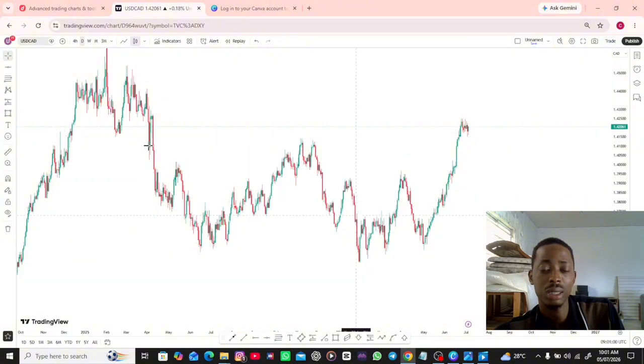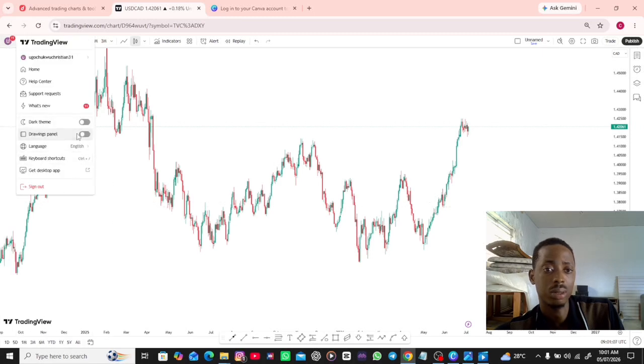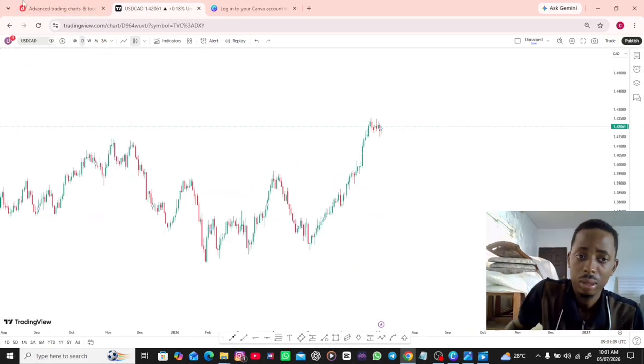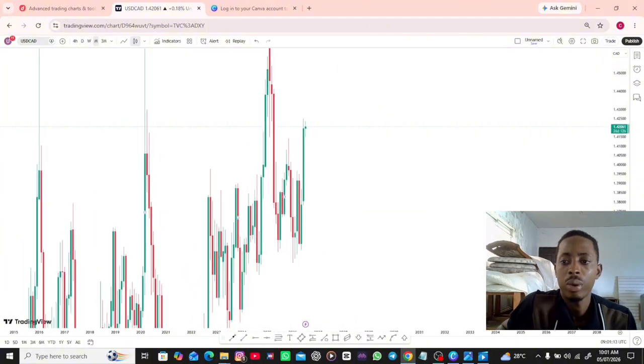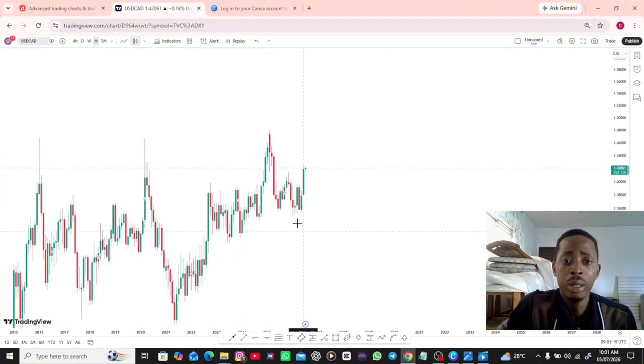Let me delete it and do a simple analysis on what I'm expecting on the USD CAD. With the look of these two candles, we are in a very, very strong bullish structure around this level.